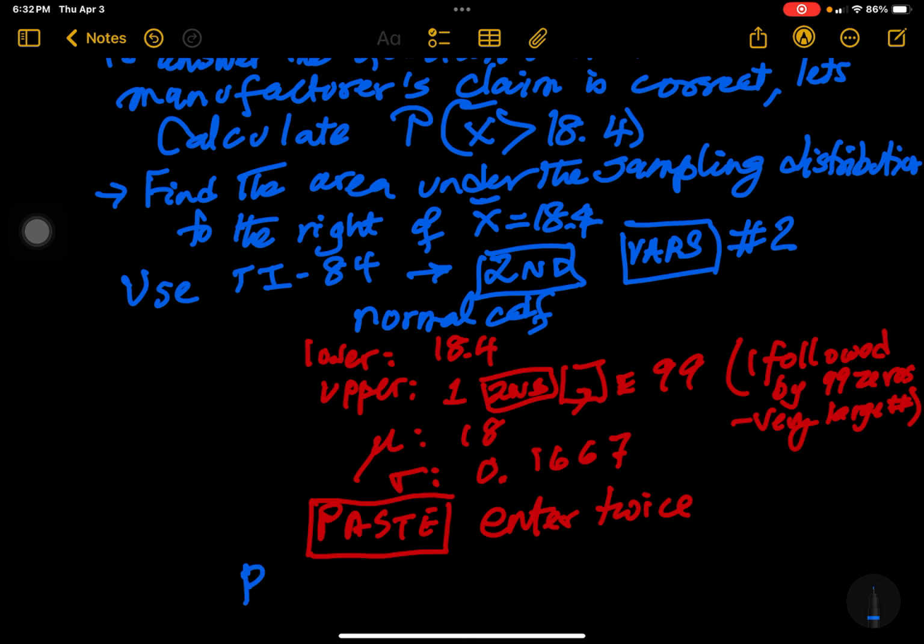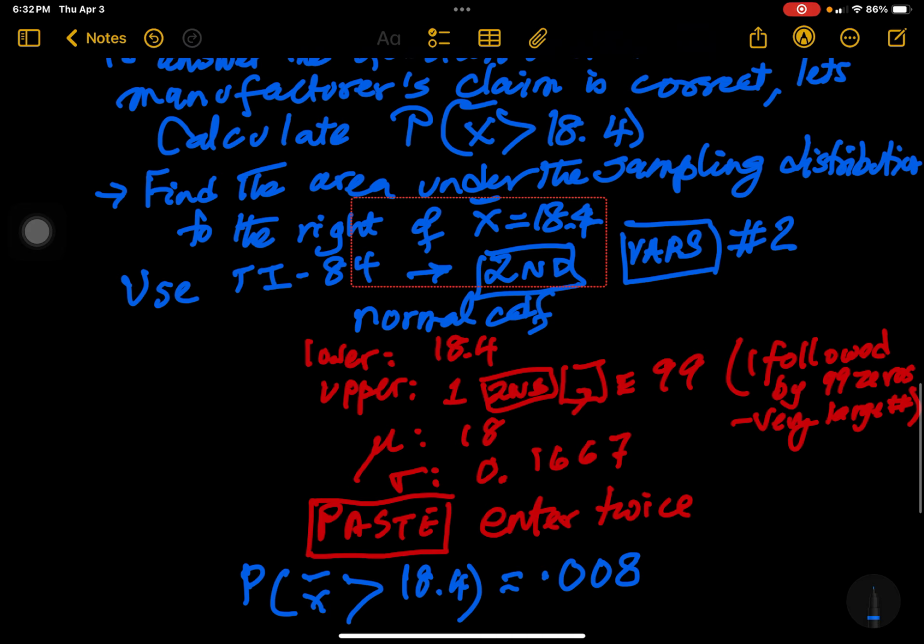Let me change the color back to blue. That probability of x bar greater than 18.4 is only 0.008. What does it mean?